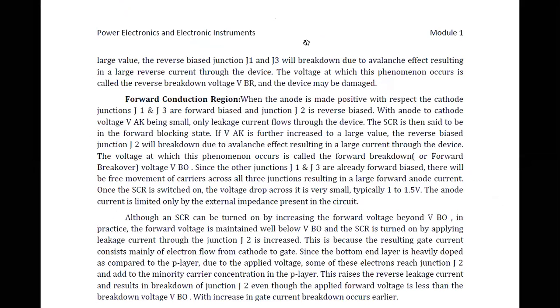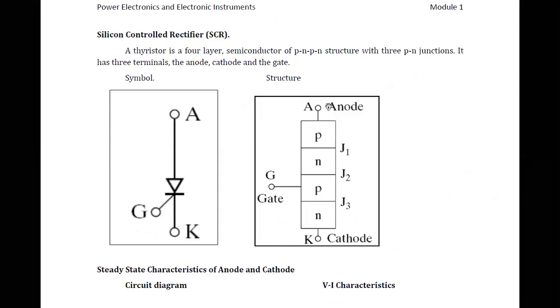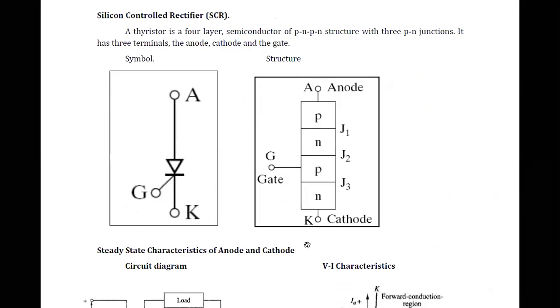We know the basic concept of the normal diode: if I apply the voltage across these two terminals, say positive is applied to the anode and negative is applied to the cathode, whenever you apply positive to the anode and negative to the cathode of a diode, the diode acts as forward biased.